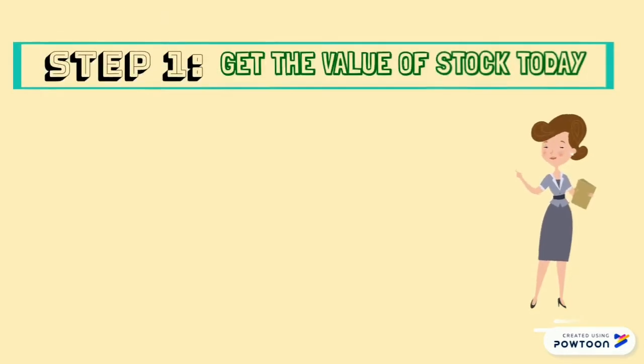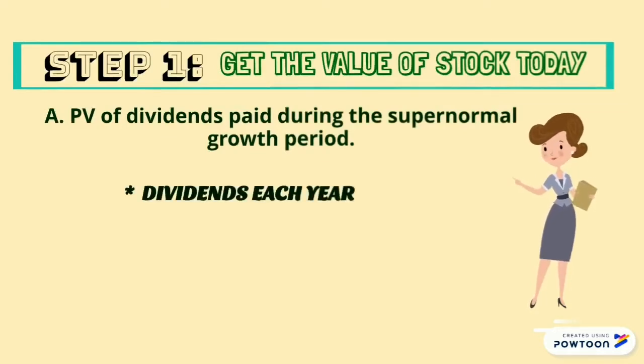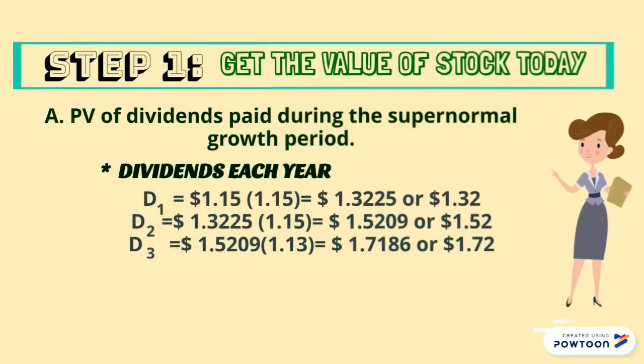To be able to get the value of stock today, we need to calculate the PV of dividends paid during the supernormal growth period by getting first the dividends per year by using the formula D sub t is equal to D sub t minus 1 times the sum of 1 and the growth rate, wherein t represents the periods. So D sub 1 is equal to $1.15 times 1.15 is equal to $1.32.